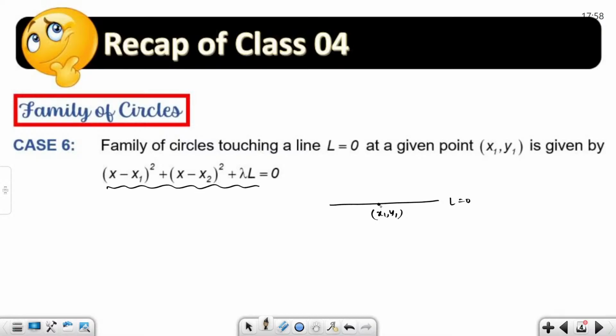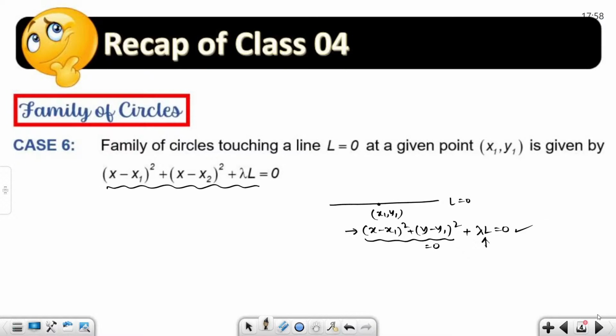Because we have again constructed a circle at this point, which will be a point circle, which is written as x minus x1 whole square plus y minus y1 whole square plus lambda L equals to 0. Okay. The equation of the circle is this equals to 0 and L is the line. So any circle which is passing through the point of intersection of this point circle and this line is given by this equation, right? So this was our case 5. That was the last case of all family of circles.